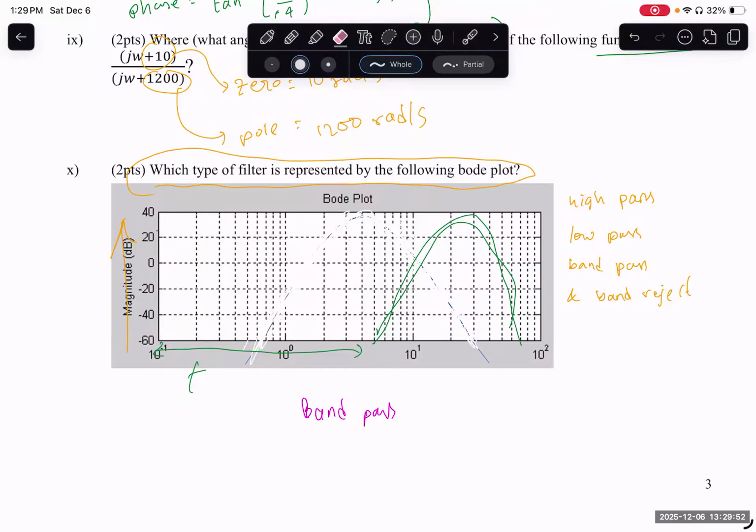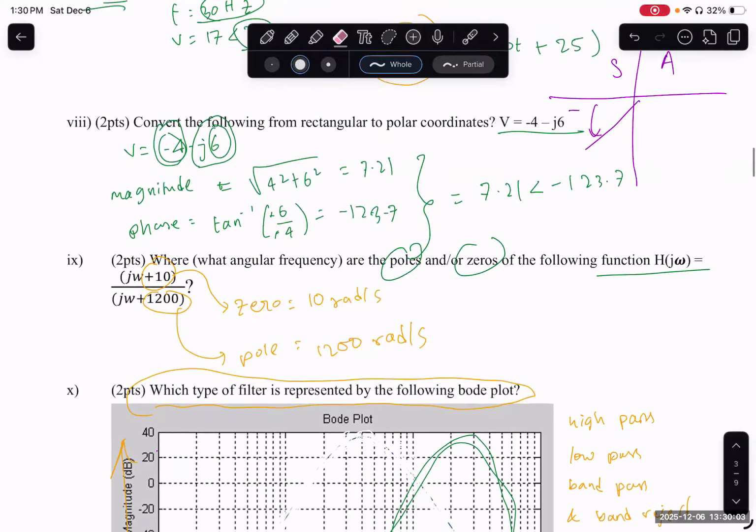But I would definitely ask you to go through the Bode plot lectures, because there could be questions about quad zeros, quad poles.